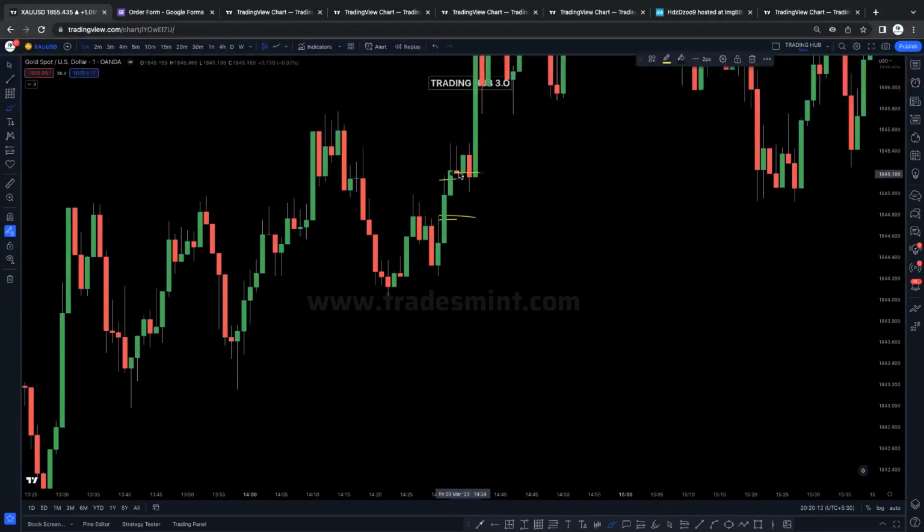But when the market breaks the previous day low, you can buy. Sorry, the market is bullish and has now taken out the previous day low. If the market is bearish and has taken out the previous high, then you can sell. Okay, because this is bearish momentum and this is bullish momentum, right?